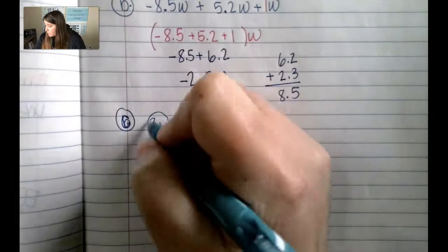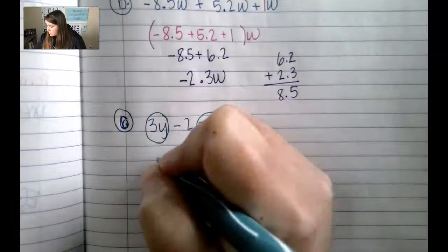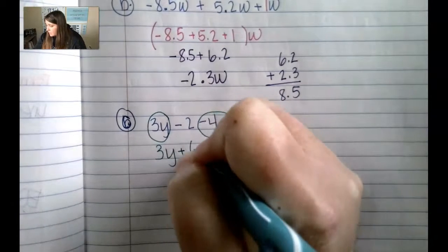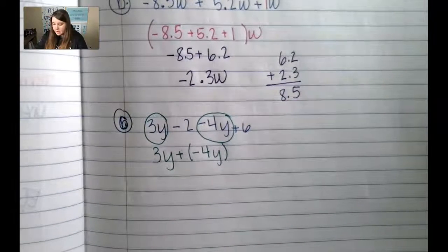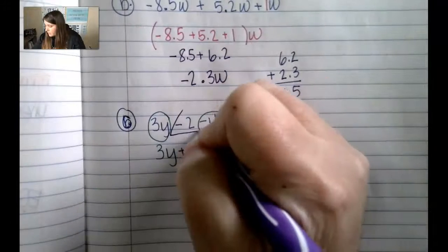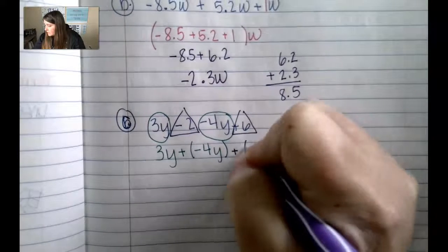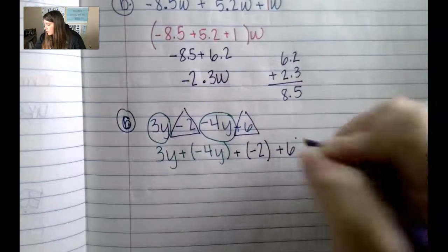So I have 3y and a negative 4y. When I rewrite this, I have 3y plus negative 4y. And then I also have negative 2 and 6, so plus a negative 2 plus 6.